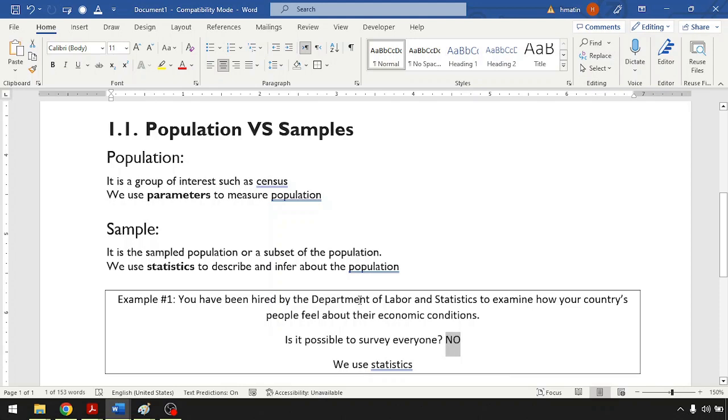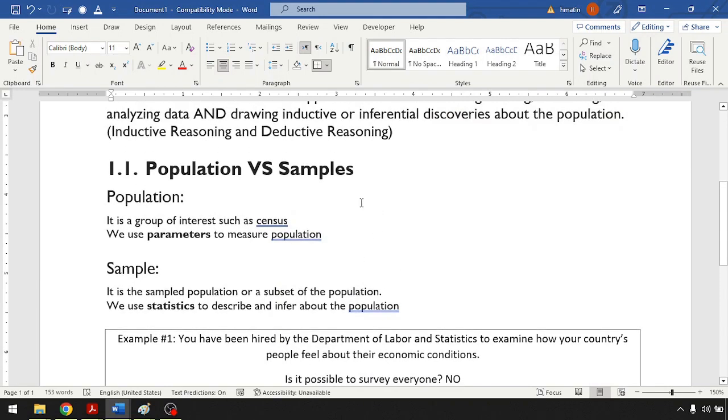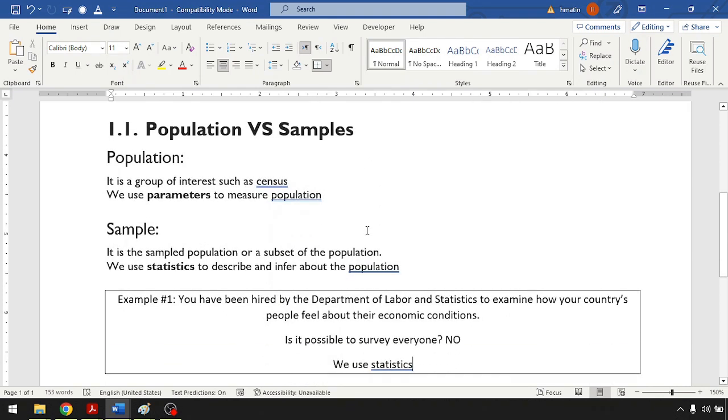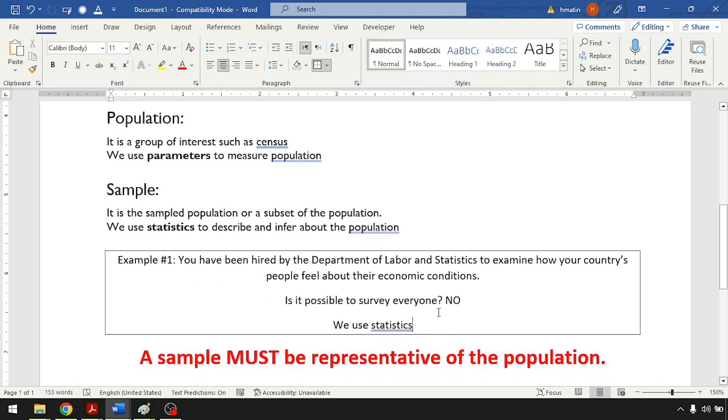And a lot of times the participants, the subjects of the surveys, don't want to participate in those surveys. There could be a lot of other reasons, but this is where statistics comes in, and this is why we use statistics to actually infer or inductively hypothesize about the general population.